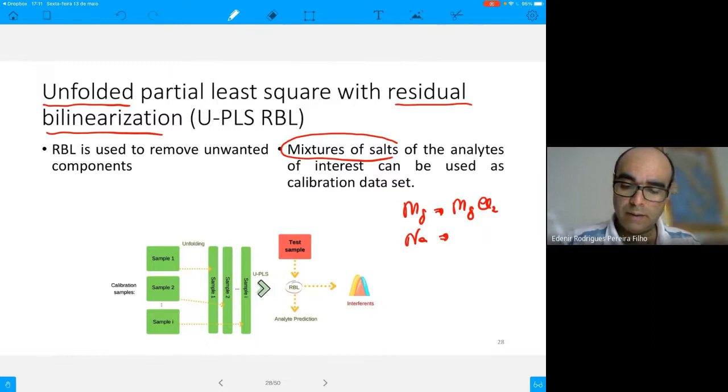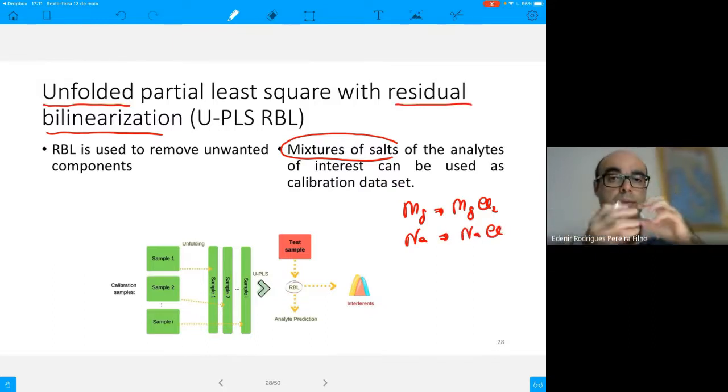The other analyte is sodium. You can prepare a mixture of salts in order to prepare a standard. And the sample can be a different sample, for example, a sample of supplementary food. And we have a residual bilinearization at the end in order to compensate the differences of matrices from the standards and from the samples.